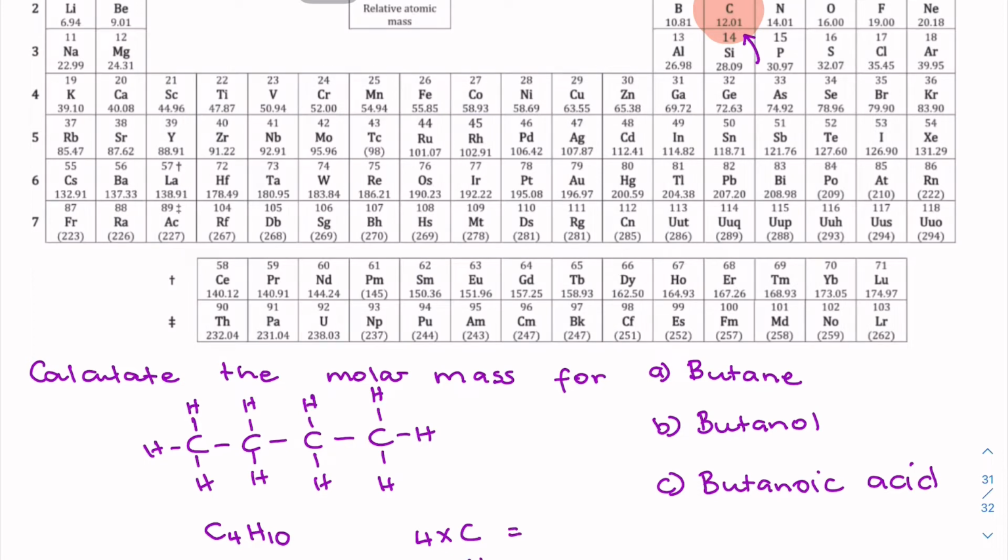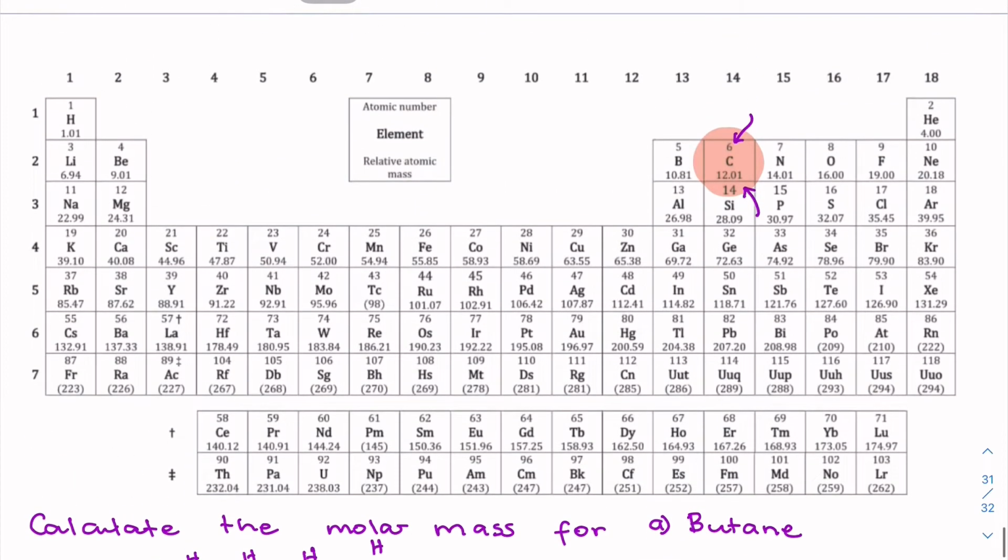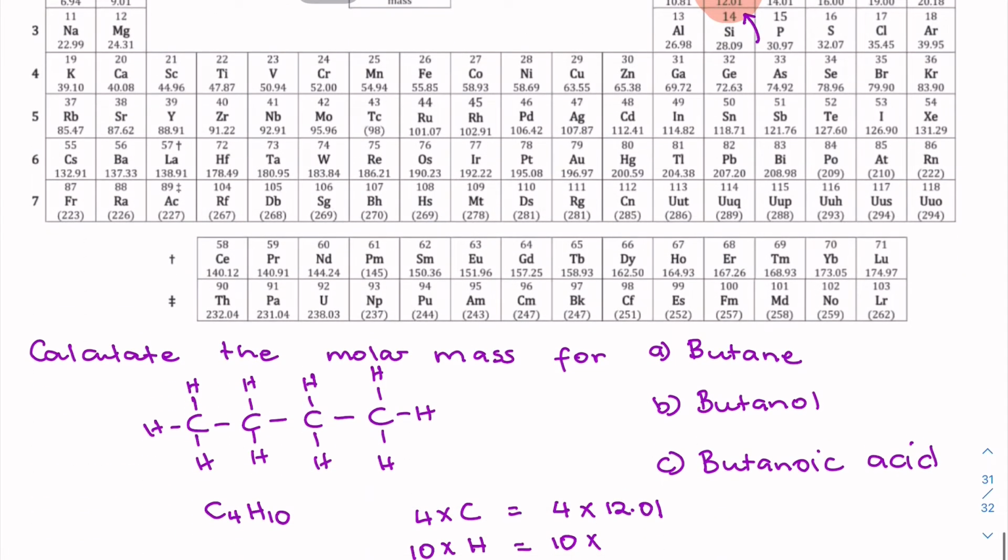If we look at our periodic table, carbon's atomic mass is 12.01 and hydrogen's atomic mass is 1.01.